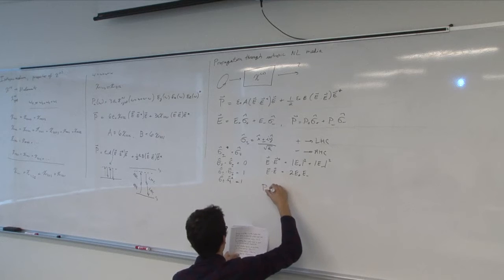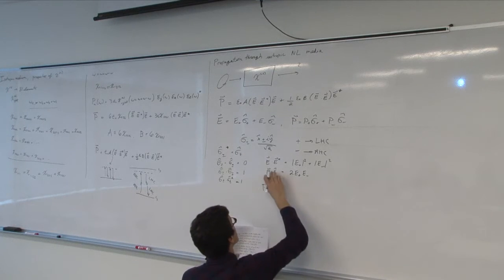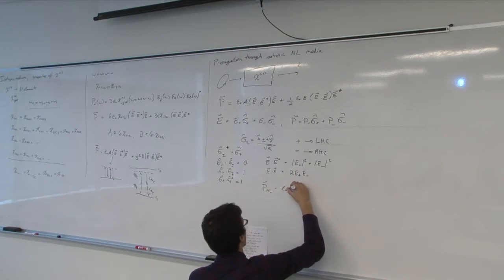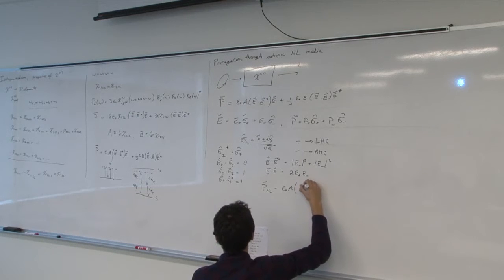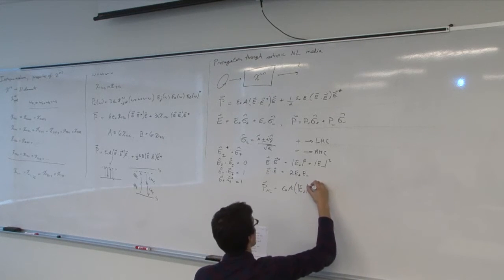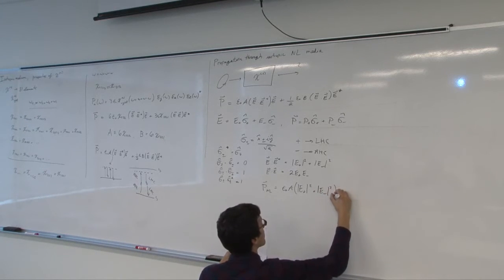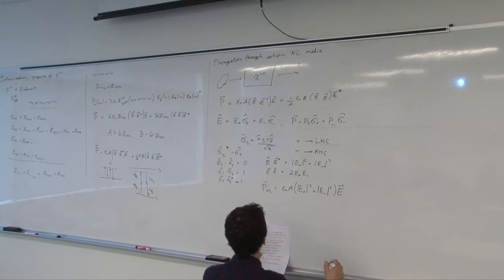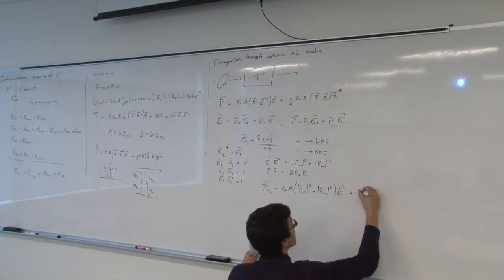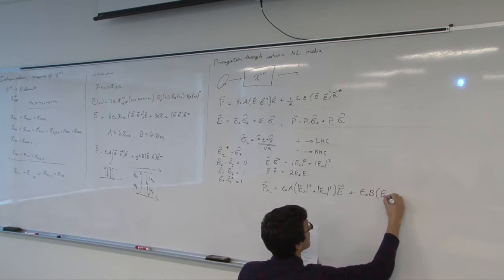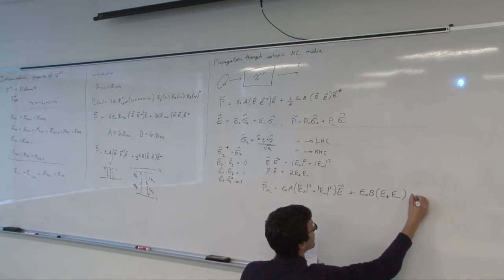Then, by substituting those factors in the equation for the nonlinear polarization, we find that this is equal to epsilon naught A times E plus squared plus E minus squared, times E, plus epsilon naught B E plus E minus E star.